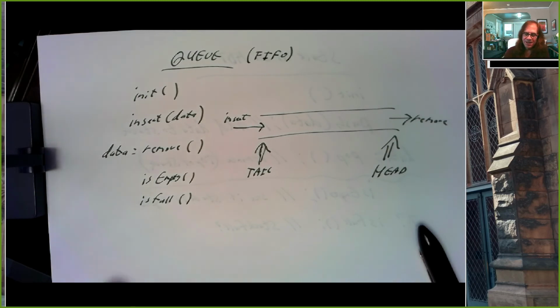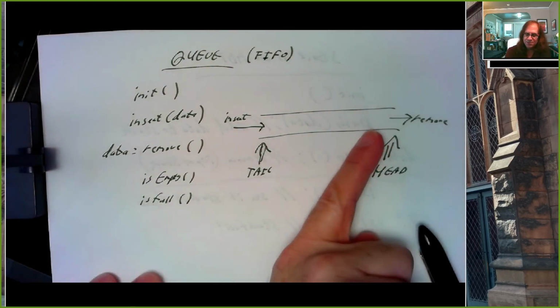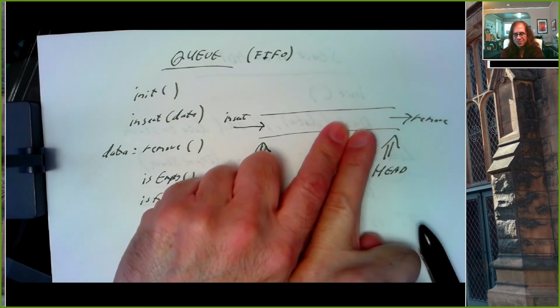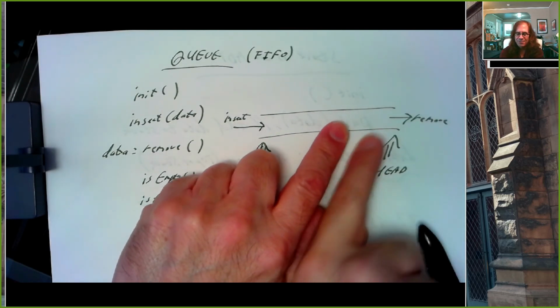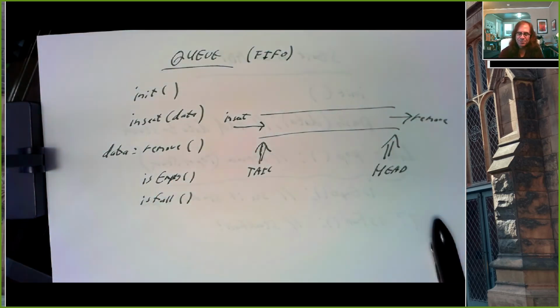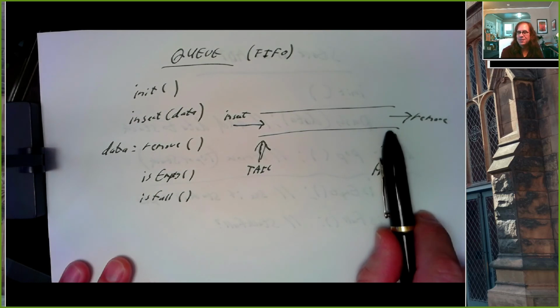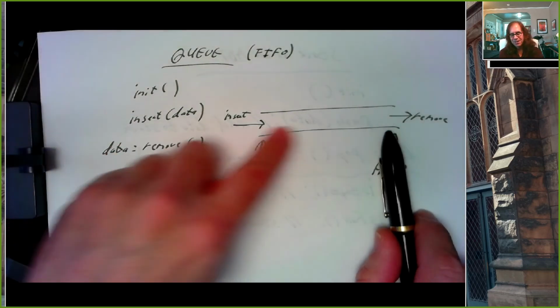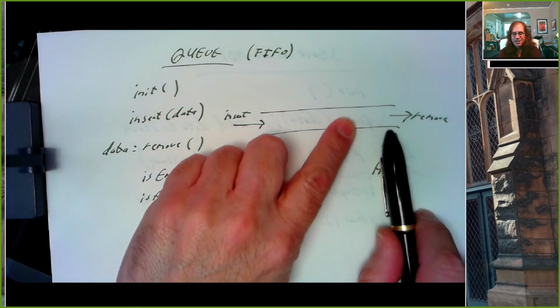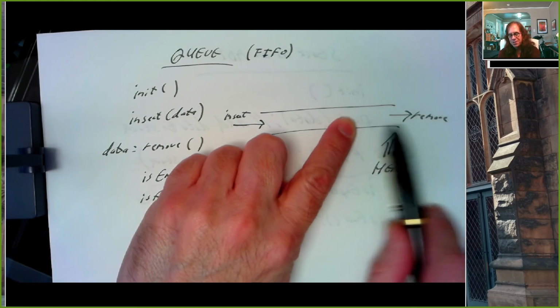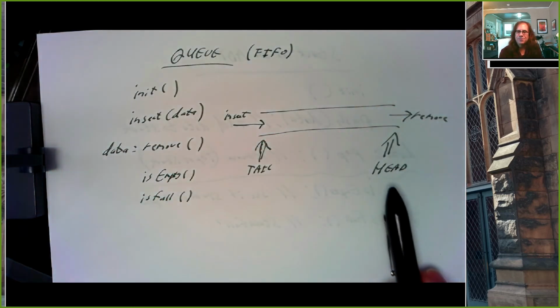But you can think of it as insert and go up to the first available spot in here, and when something gets removed, move everything up. So the first thing into the queue will be sitting right here at the head, ready to be removed. The third thing will be sitting 3 spots back from the head, and we'll wait until you remove 2 things in front of it before a remove will take off that third thing that you inserted.